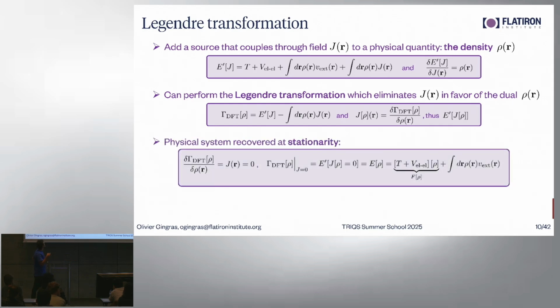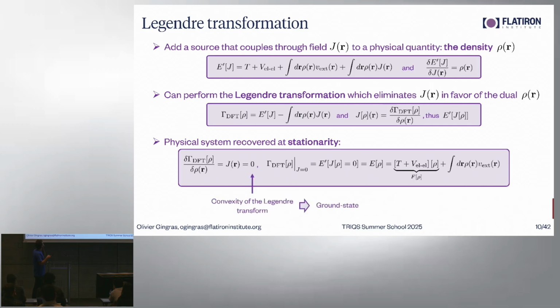Now, another important thing is stationarity. The J term is a functional derivative according to the Legendre transformation. This source field is not there in the physical system, so you just put it to 0, and you find the stationary condition here. By putting it to 0, you recover the initial energy, which you have now shown is a functional of the density with this form.